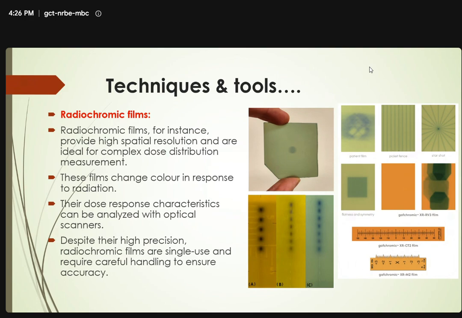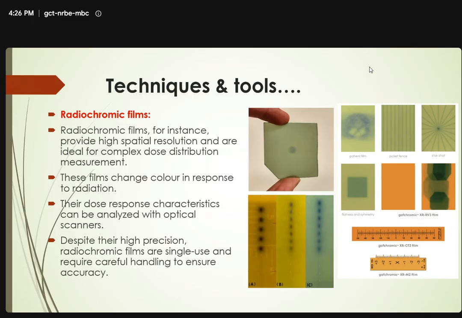So their dose response characteristics can be analyzed with an optical scanner. Just expose, and in any optical scanner you can scan them and you can find out the result with better accuracy.